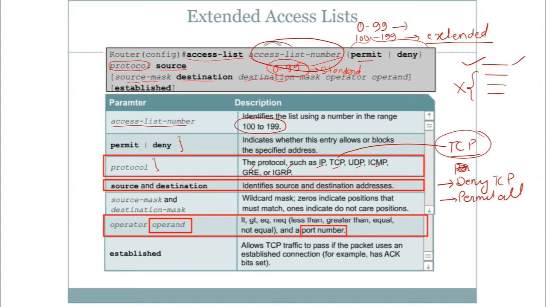Then we have the source mask and destination mask. That's as usual, the wildcard mask or source address, that's not a problem. Operator and operand are very important. Basically there are things like LT, which is short form of less than, GT is greater than, EQ is equal, and NEQ is not equal. This is basically used for the port numbers.